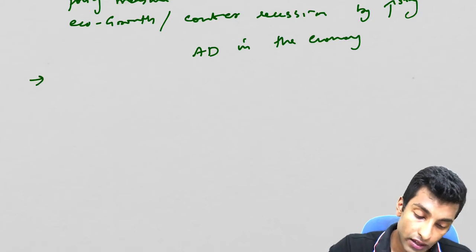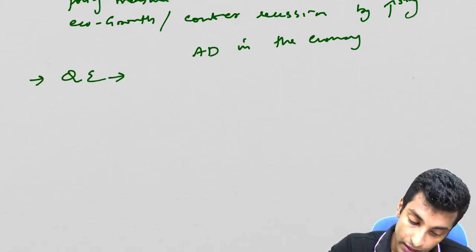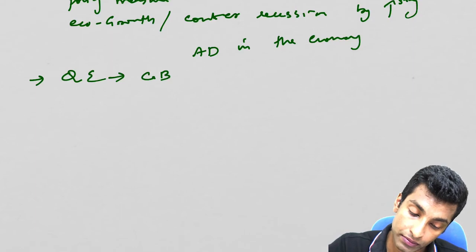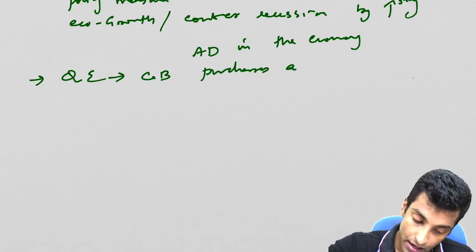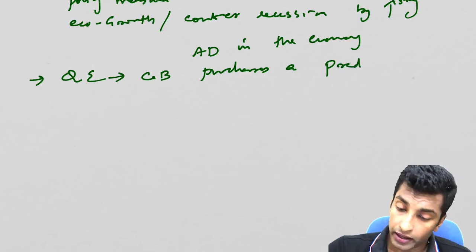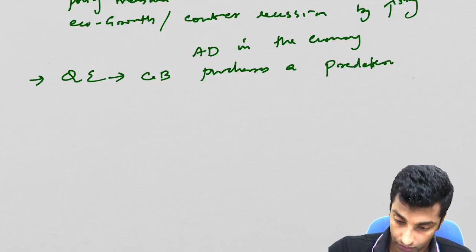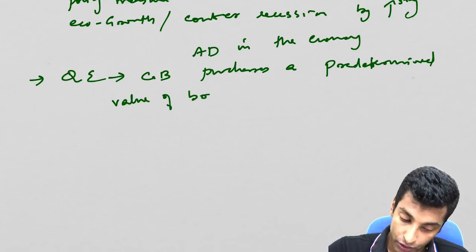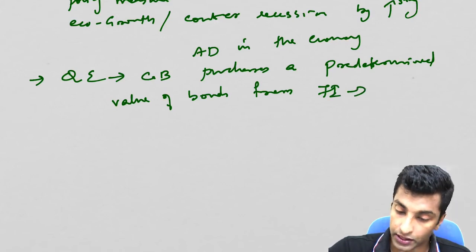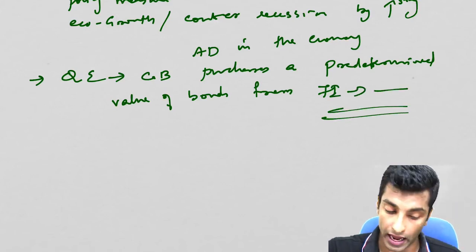Okay. Now under this, what they will do, under QE, central bank purchases a predetermined value of bonds from financial institutions for a predetermined time period.